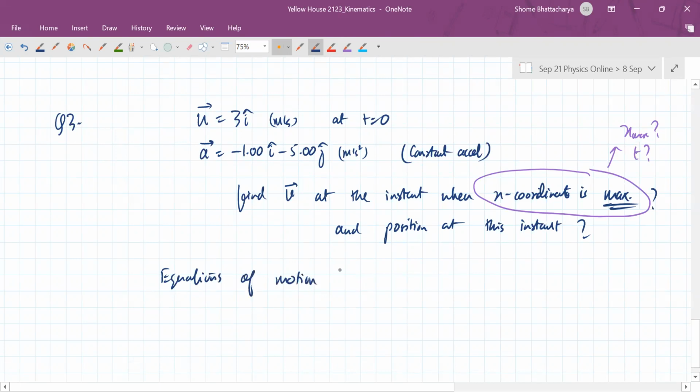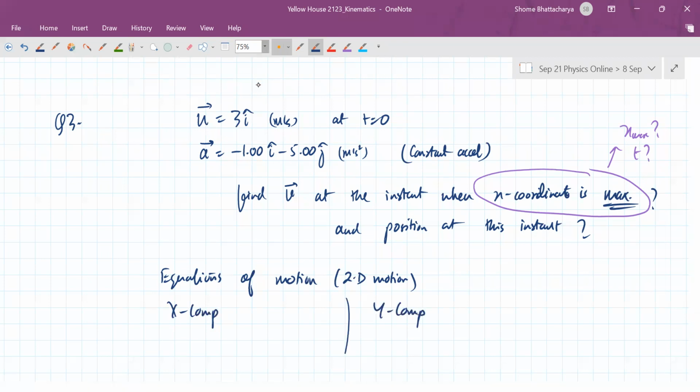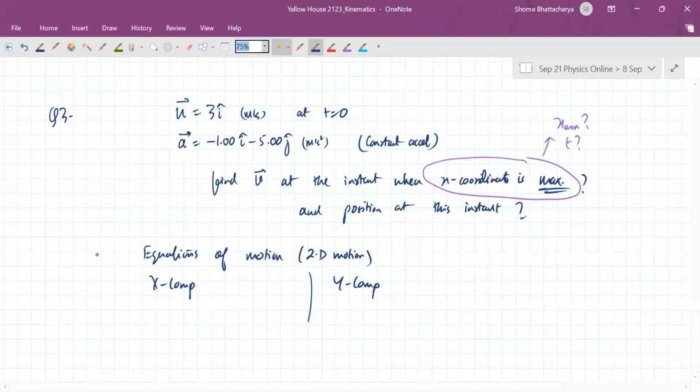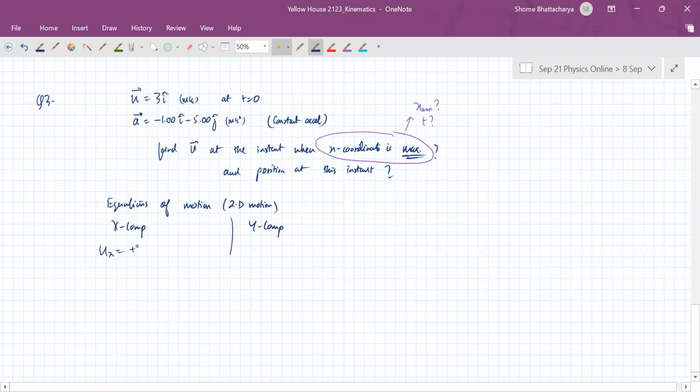For the equations of motion, it's a 2D motion in the xy plane. So take the x component and the y component separately. Along the x-axis, my initial velocity is +3 and my acceleration is -1 meters per second square. Along the y-axis, my initial velocity is 0 and my y component of acceleration is -5 meters per second square.